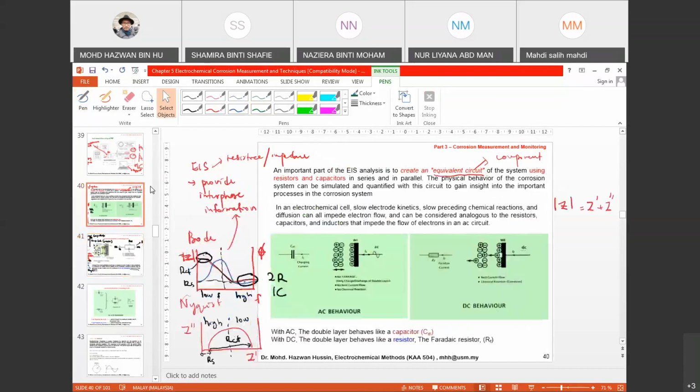So back to this one, low frequency means this is at the region of IHP, and at the high frequency, this is at the region of OHP. And this one is the same thing, OHP, and this one is IHP.